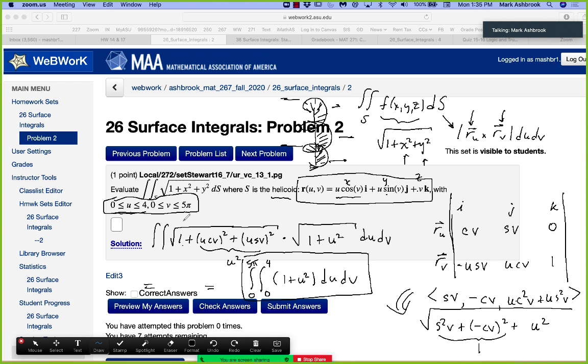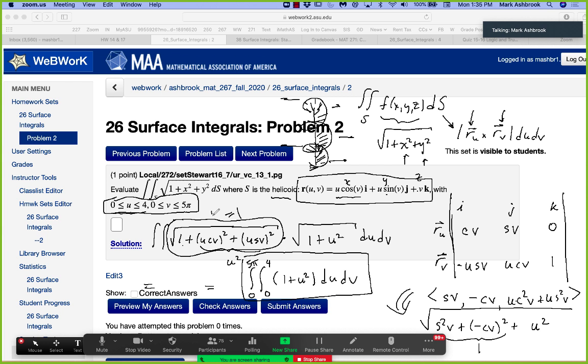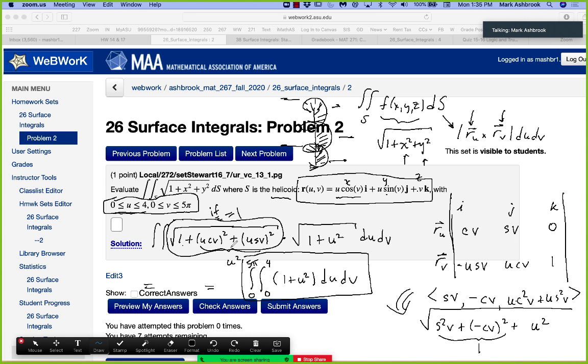If the function equaled 1, it'd be a different problem, and the surface integral would give us the surface area of this spiral ramp for these bounds.